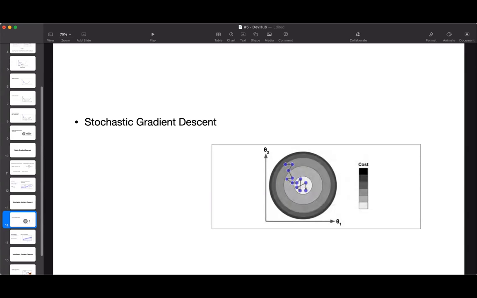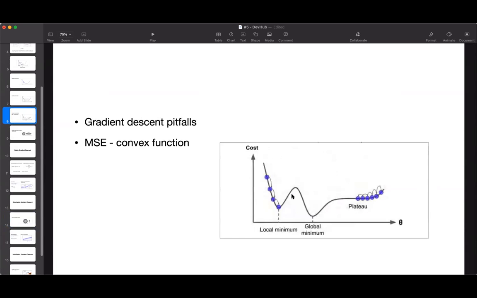When the cost function is very irregular, this can actually help the algorithm. This stochastic gradient algorithm would help it jump out of any local minima it encounters, because it is random. Say, for example, you are reaching a local minima and it again jumps around. Consider a case where it gives a jump and reaches here.